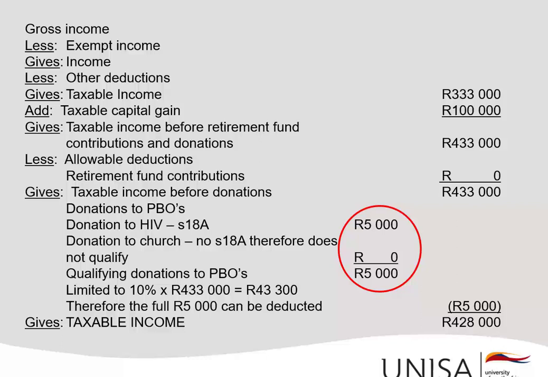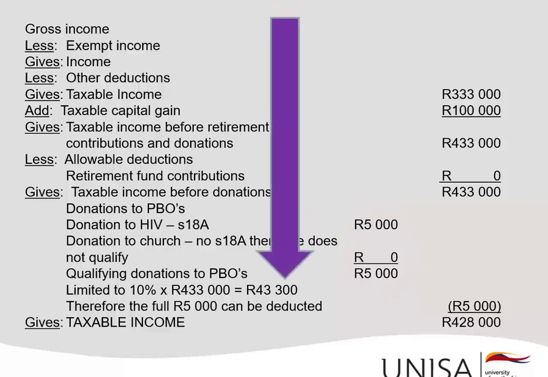The next thing that I would like you to take from this video is the order of the taxable income framework, and I think that's been emphasized enough, but you need to know that donations is the very last deduction, and if you've done your taxable income framework in the correct order, you will have the correct taxable income total before you do donations in order to calculate the percentage of 10% on the correct amount. So just to take note that you need to do it in the correct order, and that donations to public benefit organizations are the very last deduction that you'll deduct in order to calculate taxable income.